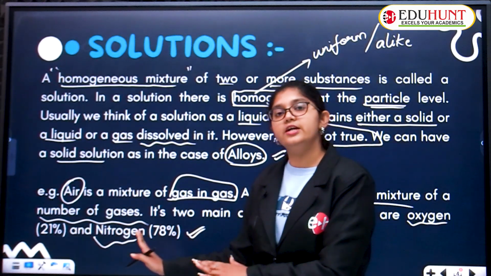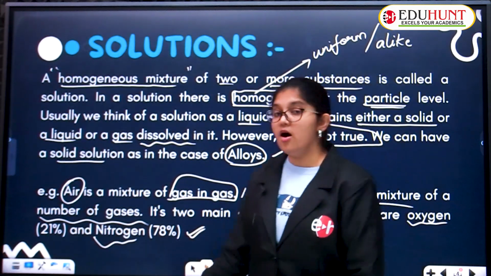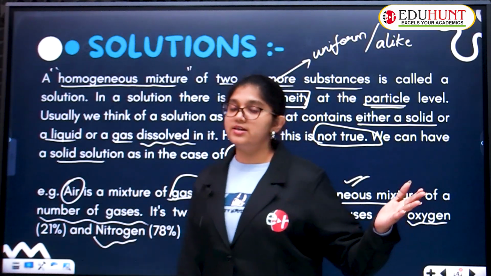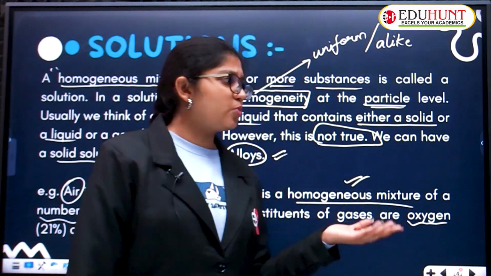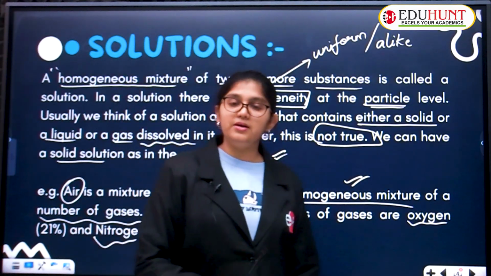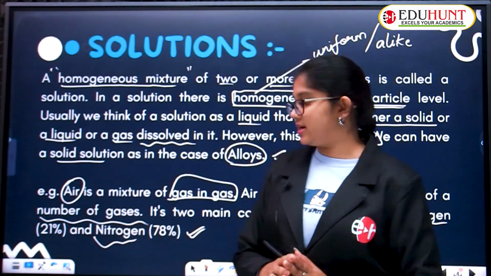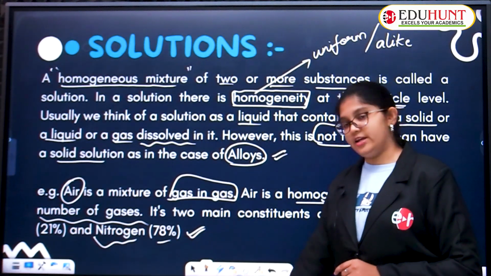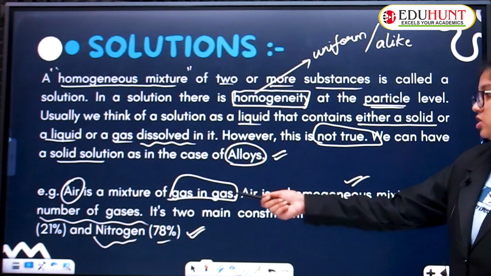Nitrogen has 78%, and after that oxygen has 21%. Next, the third one is argon with 0.9%. There are multiple gases, but in terms of abundance in air, nitrogen has the highest percentage at 78%, and oxygen is 21%.